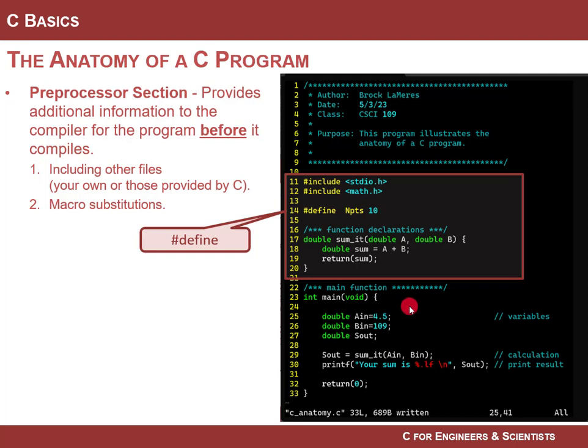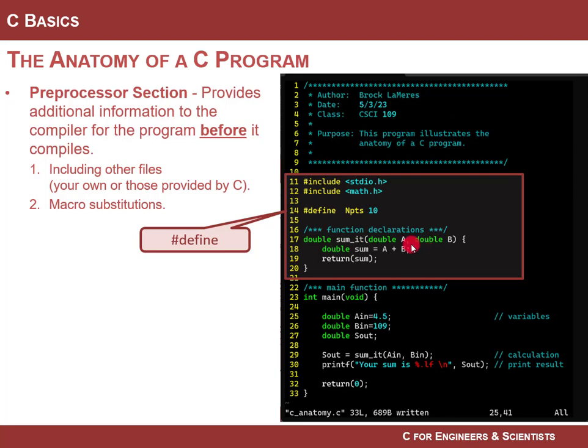Notice that that's not compiling. Compiling is the act of converting your C program syntax into executable instructions. This is something that happens before you compile. You just go through your program and you substitute the number 10 anywhere endpoints is used. That's why you call this a preprocessor section.